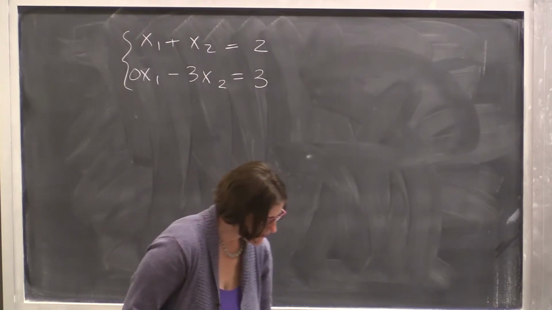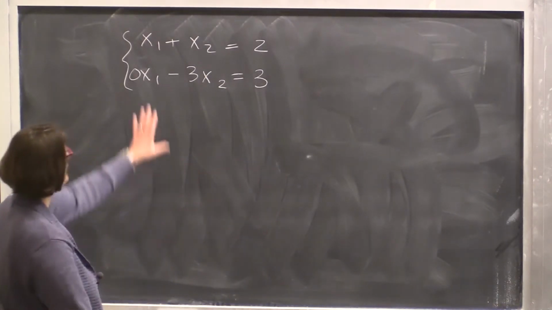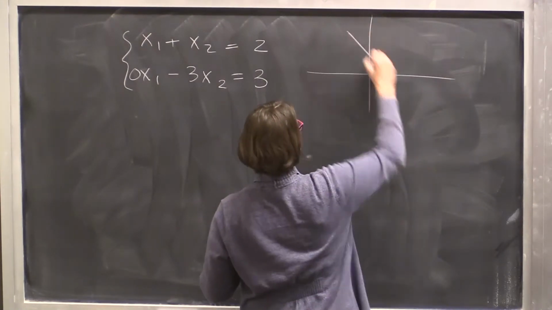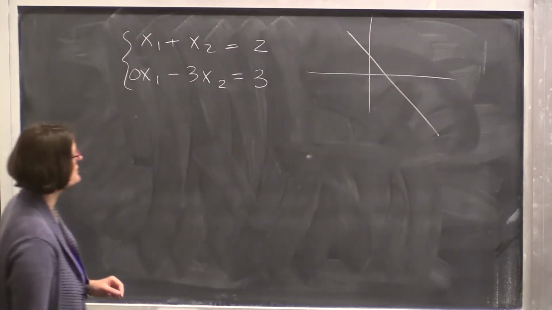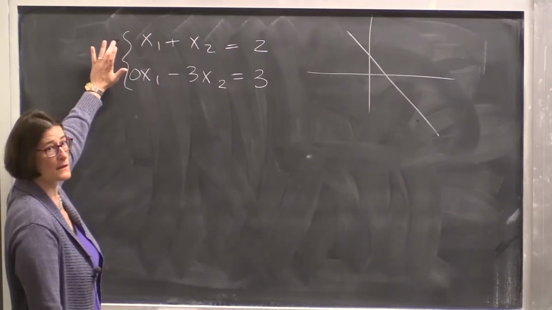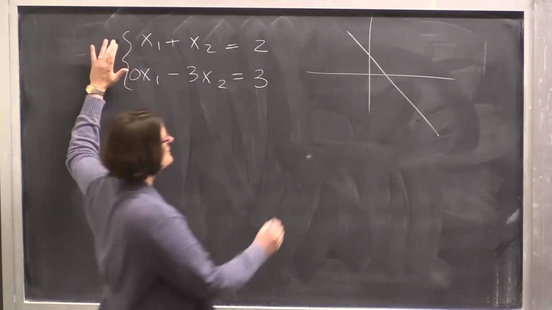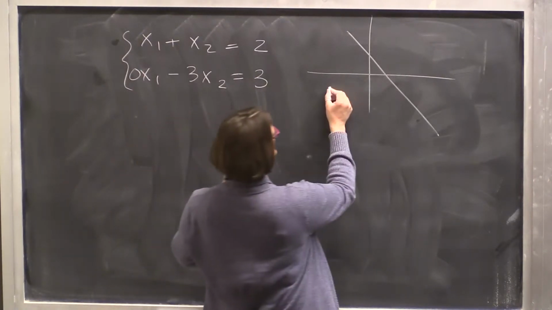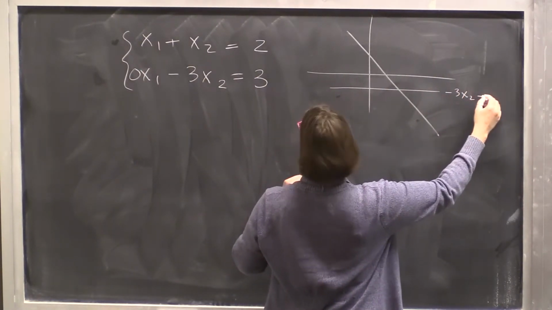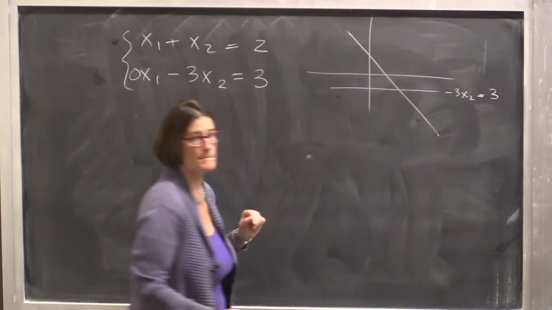OK, so at this point, I'm going to do the exact same high school thing. I have the first line, which is unchanged. These are all of the points that satisfy this. The second line is this. So that is all solutions of 3x2 equals 3.